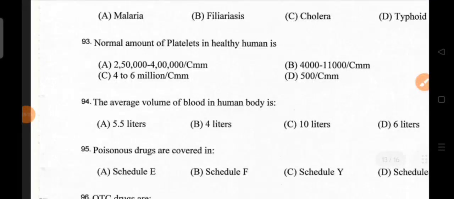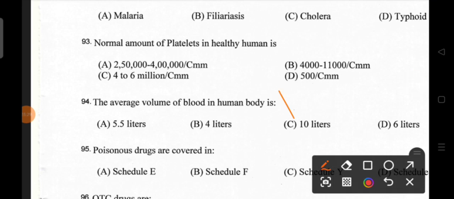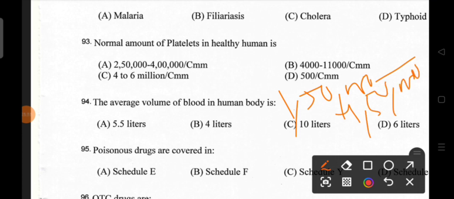So next, coming towards question number 93. What is the normal amount of platelets in a healthy human? All of us know the normal count of platelets is 1,50,000 to 4,50,000 per microliter.